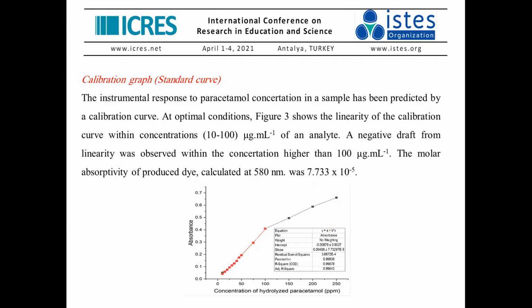Therefore, the range of this experiment will be in this range, and higher than this there will be a negative deviation from the calibration curve. And then also the calibration curve gives us a very straight line. That means our experiment is very accurate and has high precision.